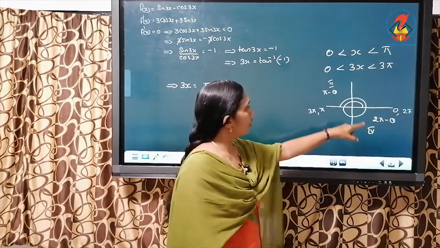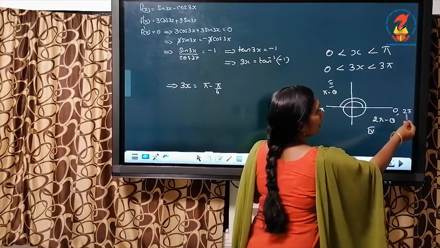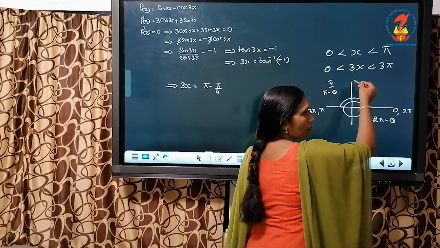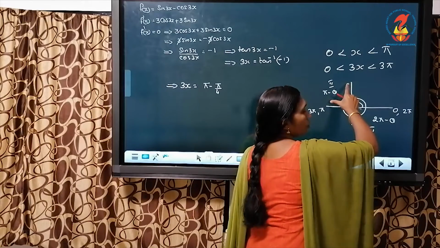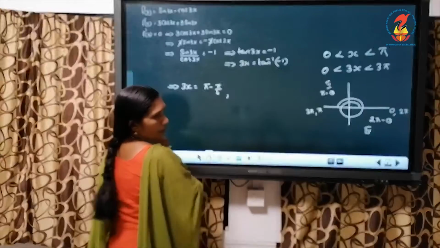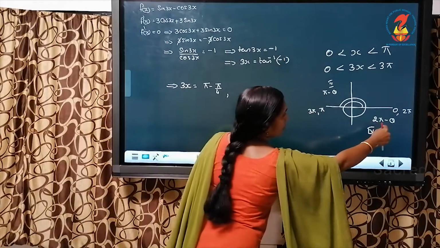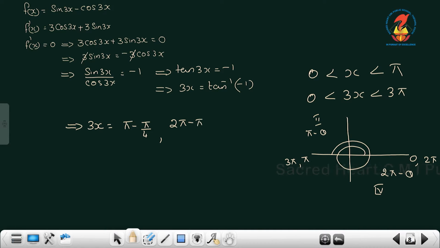Not only that value, one more value, that is in 3 pi. Here 2 pi, then 2 pi plus pi by 2 is here, then here 3 pi. So this range also you have to take. So the first value is pi minus pi by 4. The second value from the fourth quadrant, 2 pi minus pi by 4.